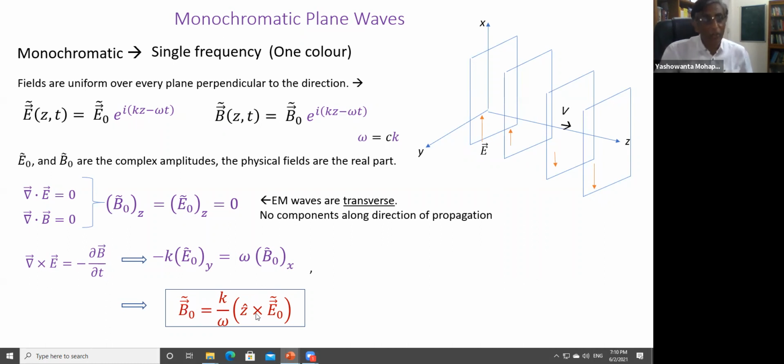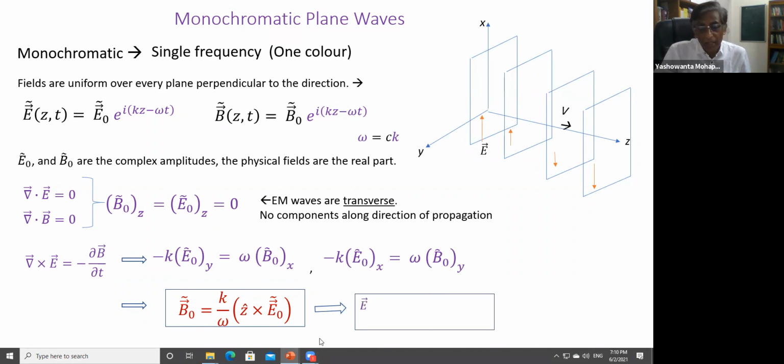So B naught and E naught in a monochromatic wave are related like this. Similarly I can get the x and y components, and from there I have generalized this.